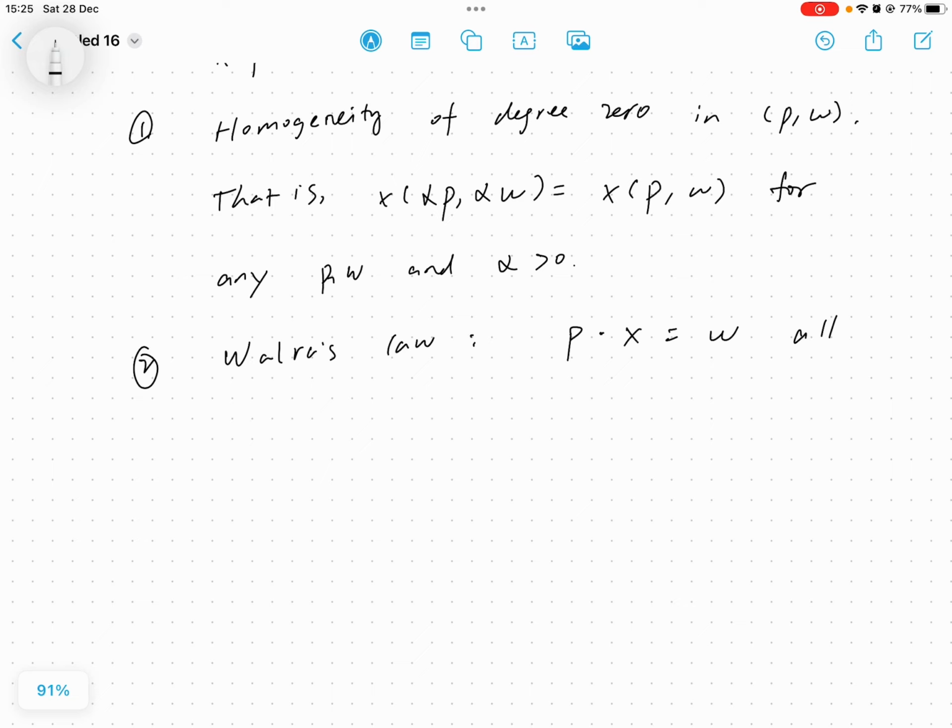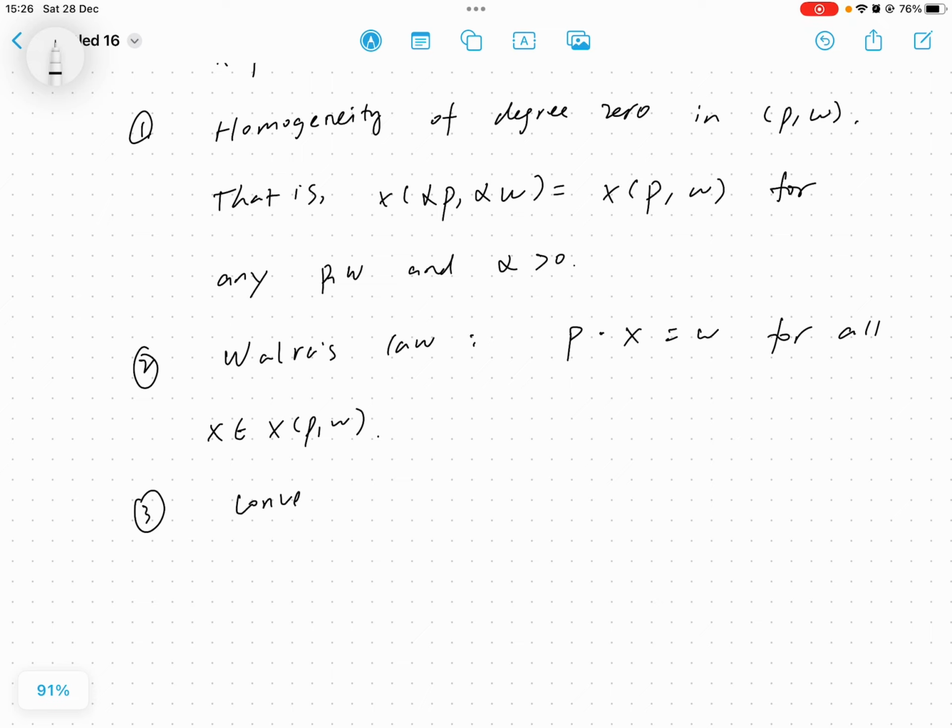The budget constraint is binding. It means that we have to spend all the money we have, for all x in the solution.